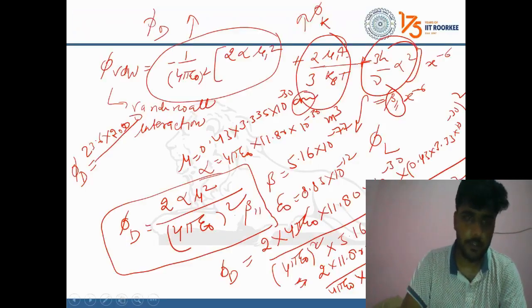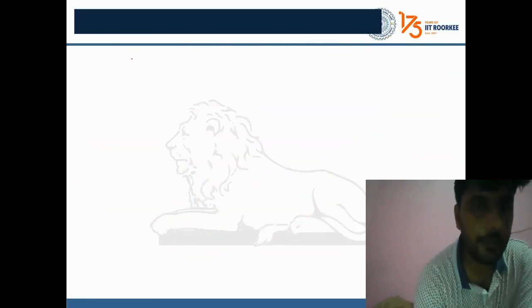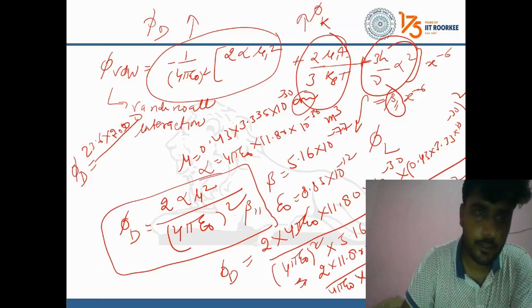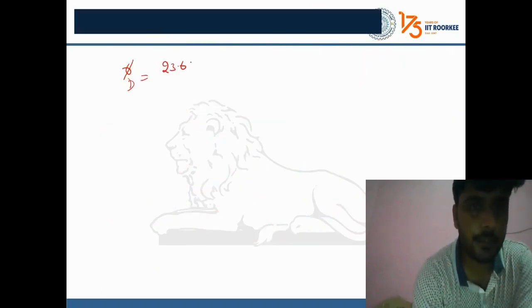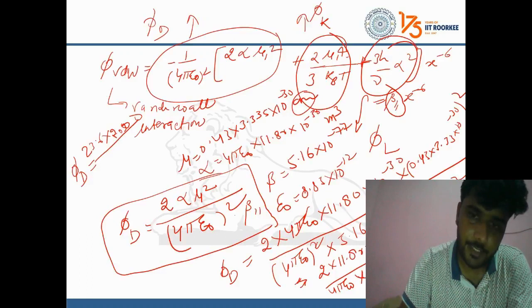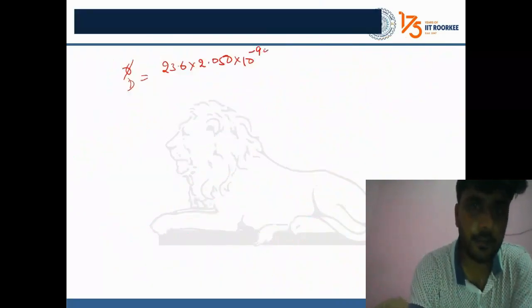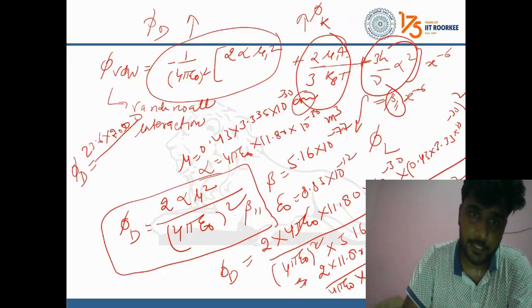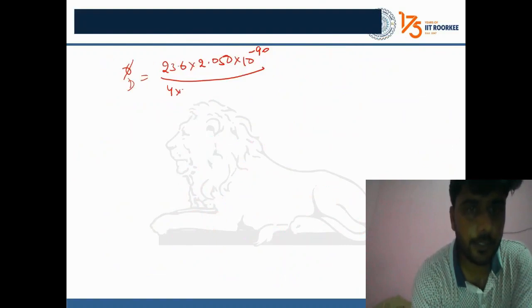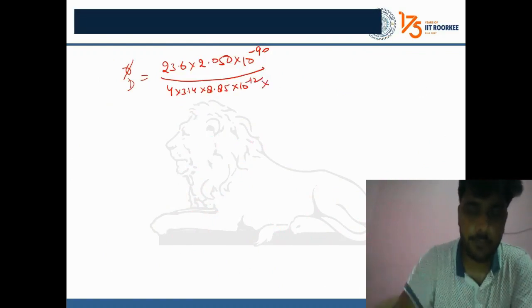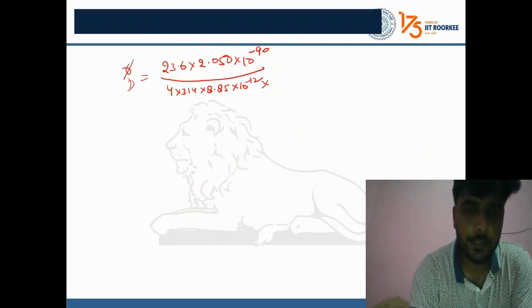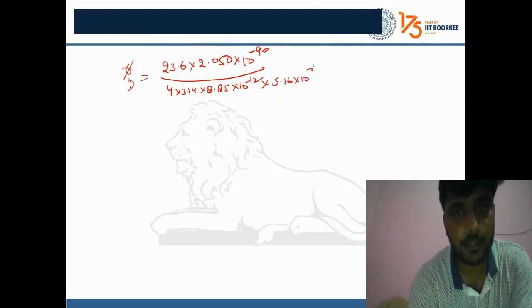Okay, so phi d equal to 23.6 multiplied by 2.050 and 10 raised to minus 30 and 60, 10 raised to minus 9, and expanding the denominator values, that is 3.14 8.85 10 raised to minus 12 and 5.16 10 raised to minus 77.